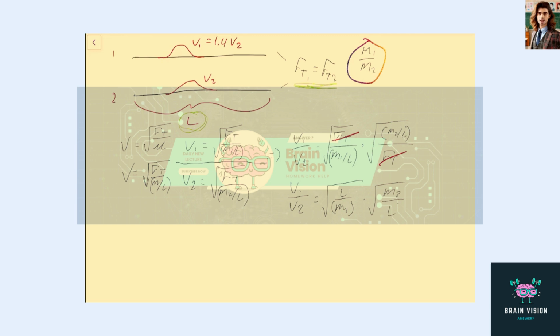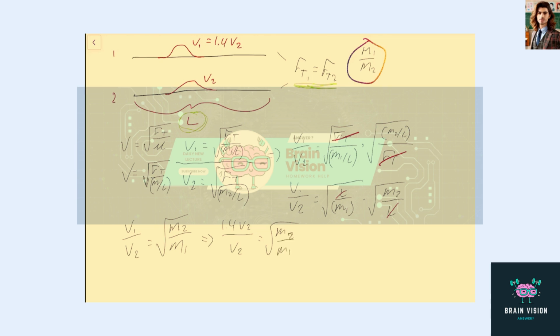And once again, we can simplify a little bit more, get rid of the L's, and what we're left with is V1 over V2 is equal to the square root of M2 over M1. Now, keep in mind also that we already know the relationship between V1 and V2, since we know V1 is 1.4 times V2, so we can rewrite that as 1.4 V2 over V2 is equal to the square root of M2 over M1.